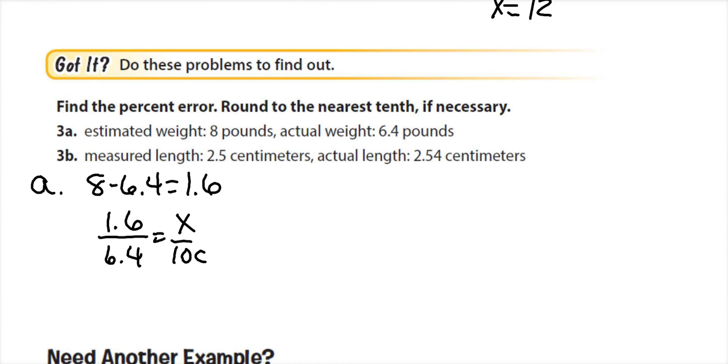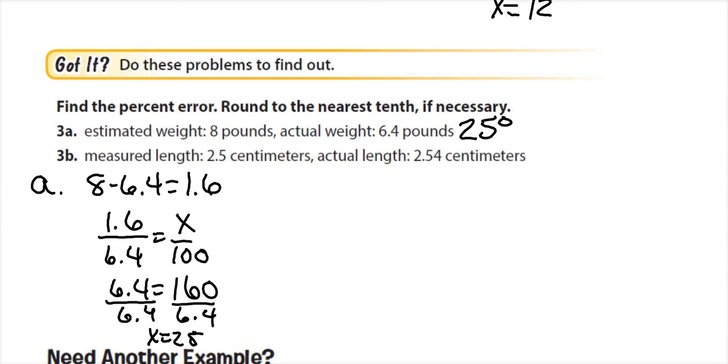So 6.4x equals 160, times 100, moving over 2 places. Now we're going to divide that by 6.4, and that came out to 25. And that means 25% error. So they were off quite a bit on that one.